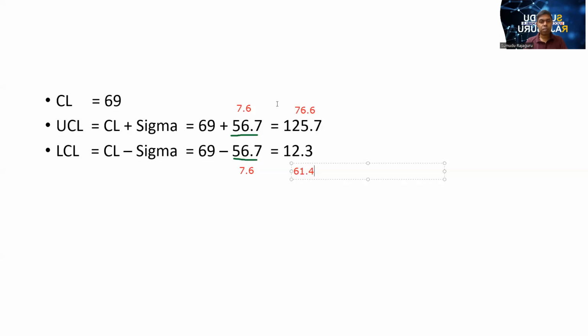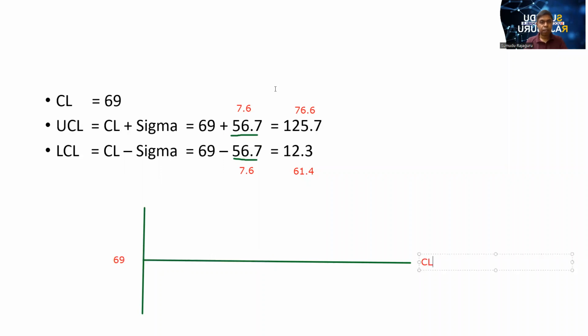So the center line is 69. The upper control limit is 76.6. It's like this. I put the center line here, it is 69. Then the upper control limit, that is 76.6.